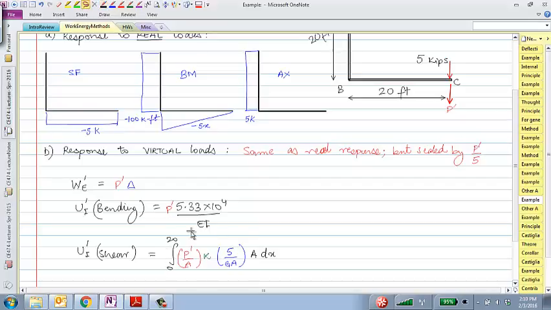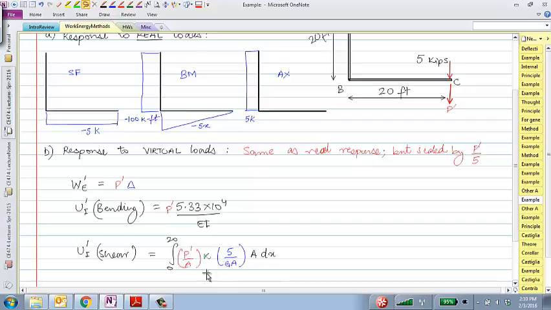Do I need to account for anything else in the shear energy term? What I did was shear energy in this horizontal leg, right? Vertical leg does not have any shear in it, so indeed that will not contribute anything. If there was a real shear force and a virtual shear force in the vertical leg as well, you would have to add that up.